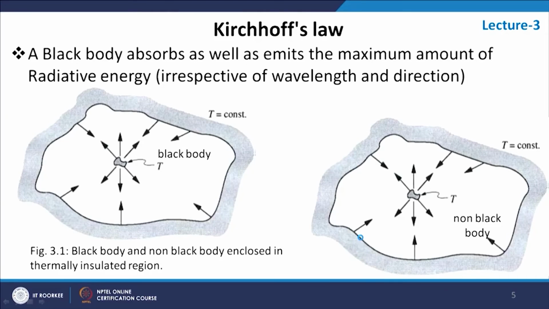The second important law of radiation is Kirchhoff's law. Now, Kirchhoff's law gives you a relation between energy emitted by a surface and energy absorbed by a surface. There are many variations of Kirchhoff's law, but this one relates to the black body. A black body, as we have already defined, absorbs the maximum amount of radiation.